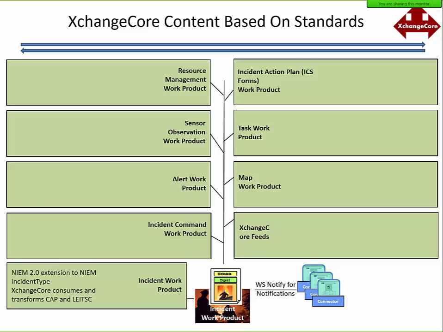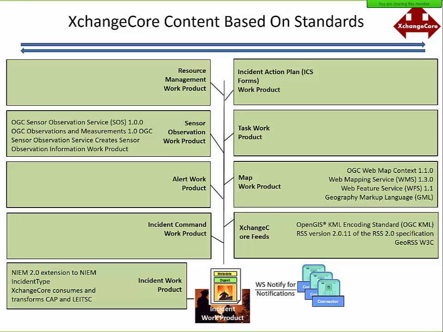And XchangeCore takes those and composes them into a NIEM incident. That incident creates everything that kicks it off. You then are going to, through the connectors, notify other XchangeCores and other applications, for which you use WS Notify, another standard for notifying other organizations.